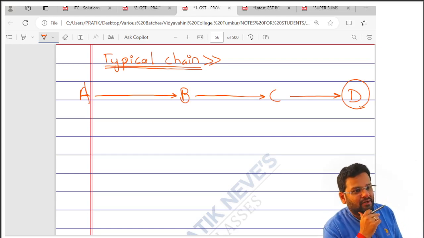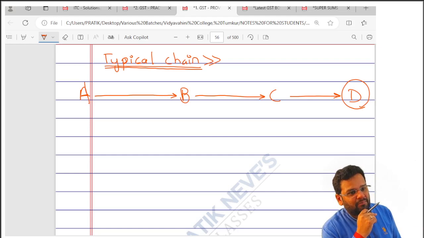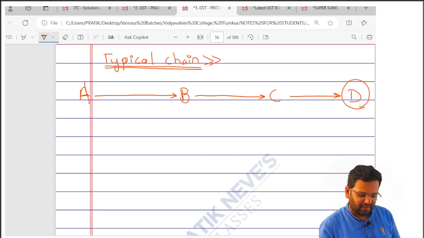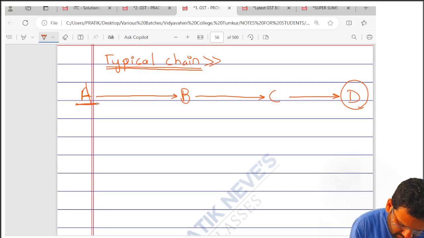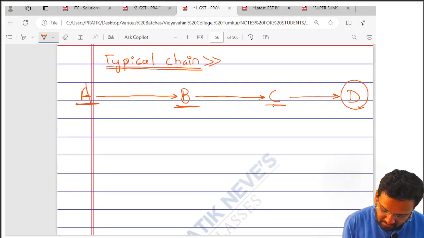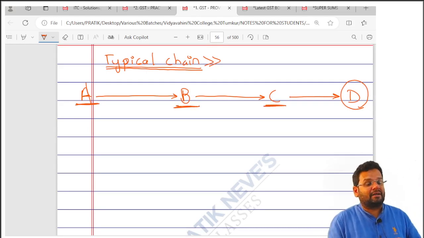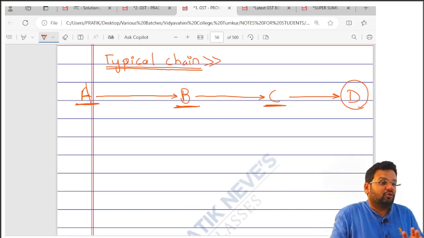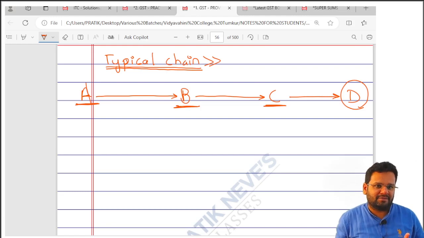On day 1, we had not assumed which states A, B, C, D are in. Today I want you to tell me A, B, C, D are in which states. Accordingly we'll work it out. But one condition is that at least keep one intrastate transaction and one interstate, so you'll understand in a better way what happens.